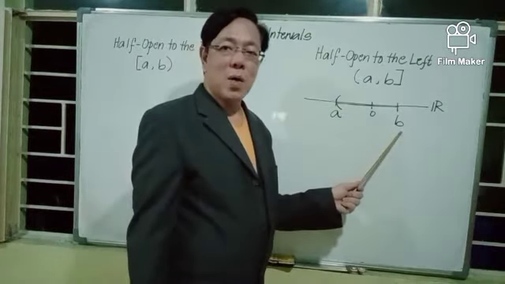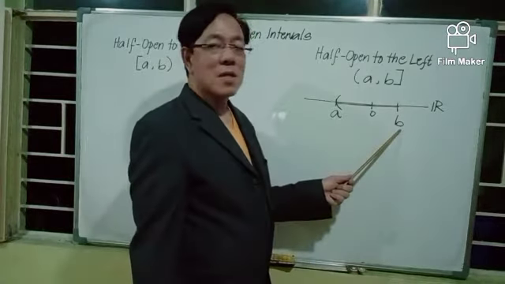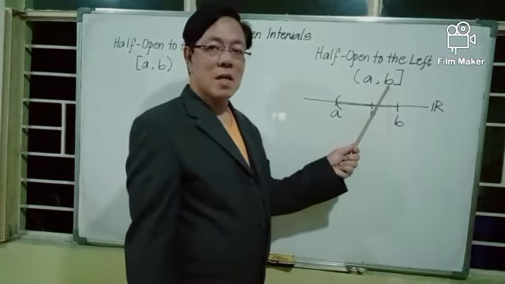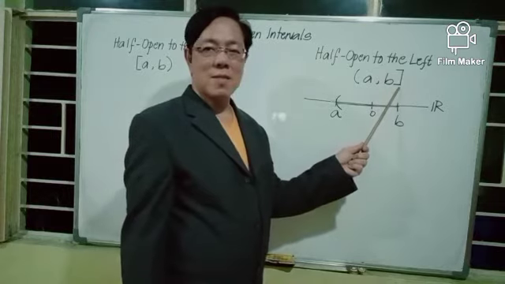And the right endpoint B, the real number B, is included in the set, and we indicate that by this bracket.